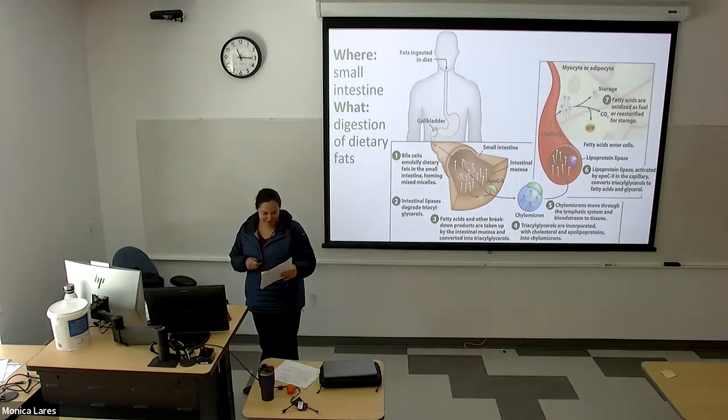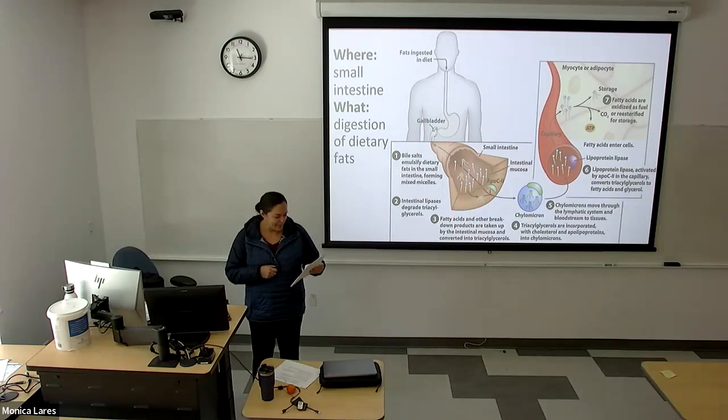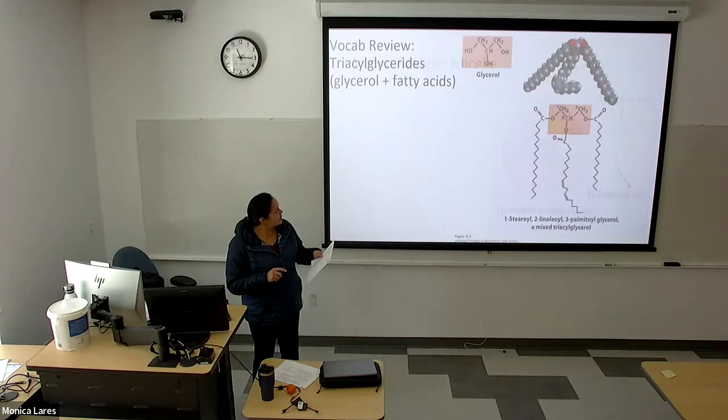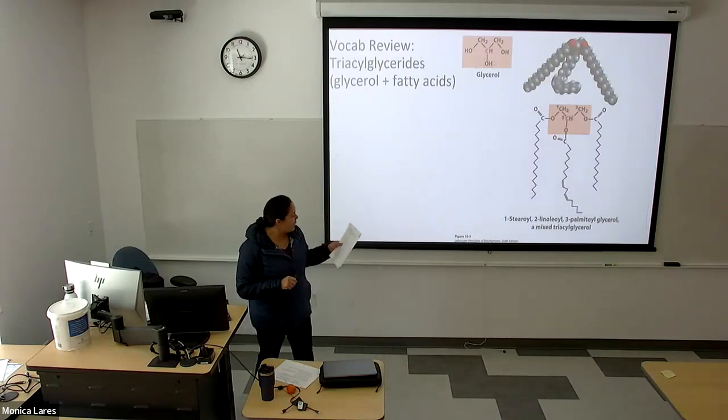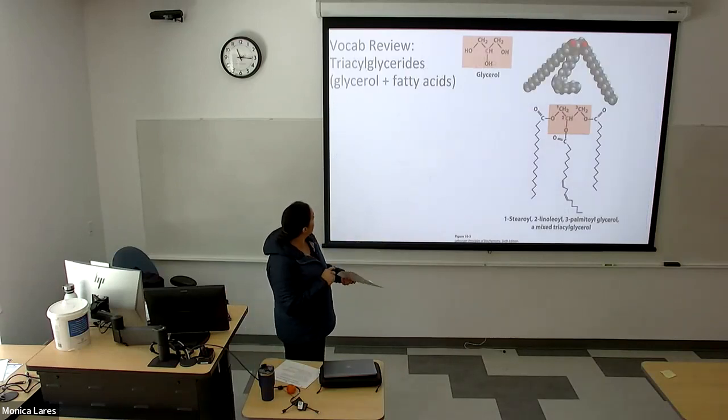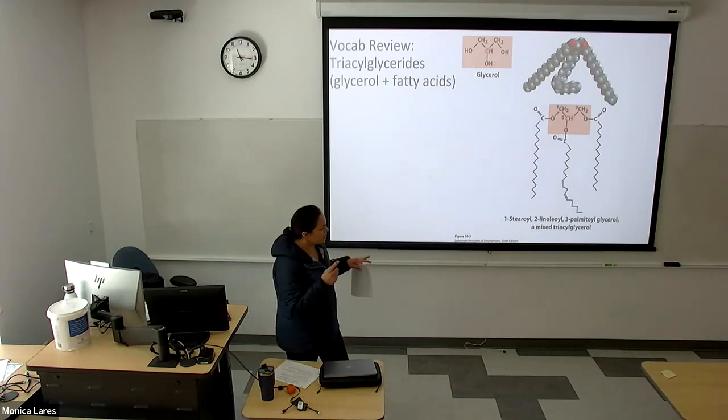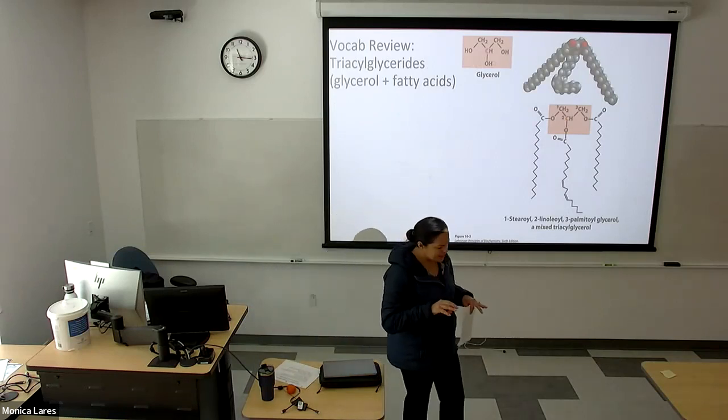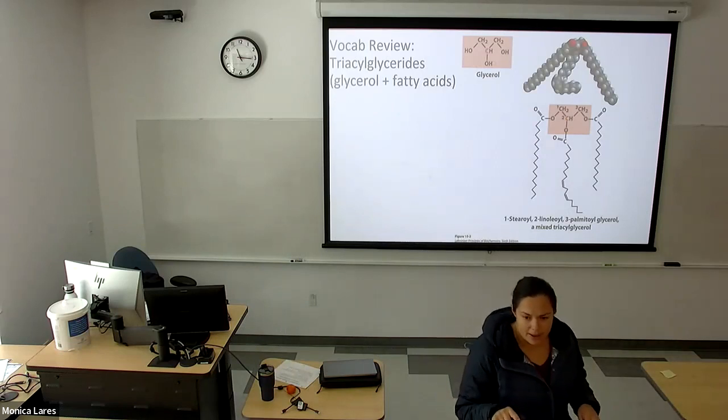Now we get to think about digestion. Just real quick though, we look at the triacylglyceride. Again, you can have mono and diglycerides as well. I want you to think about when we were going through the citric acid cycle and we lost carbon dioxide.